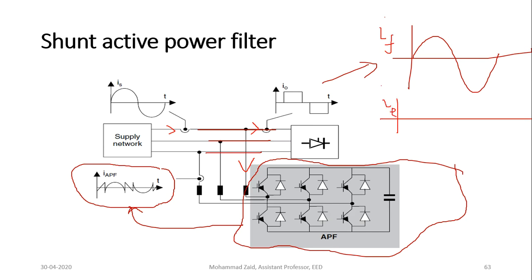Now this harmonic current has a very different shape. It is a combination of various harmonic currents, not only one. It may have 3rd, 5th, 7th, plus some other harmonics, and maybe some interharmonics also, which are not integral multiples. So the shape is very complex.